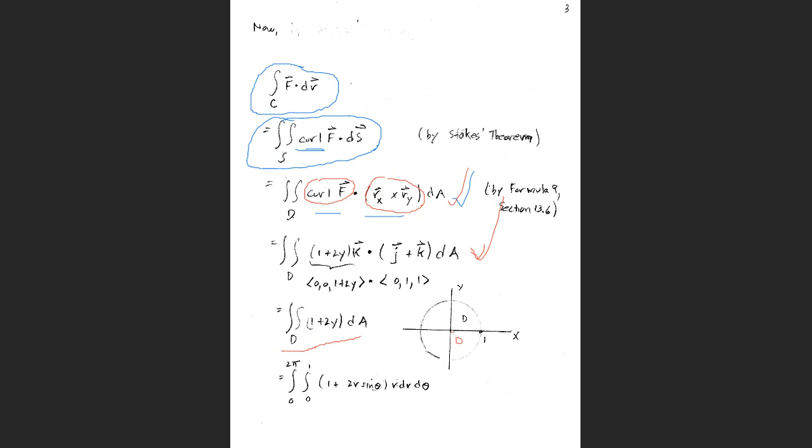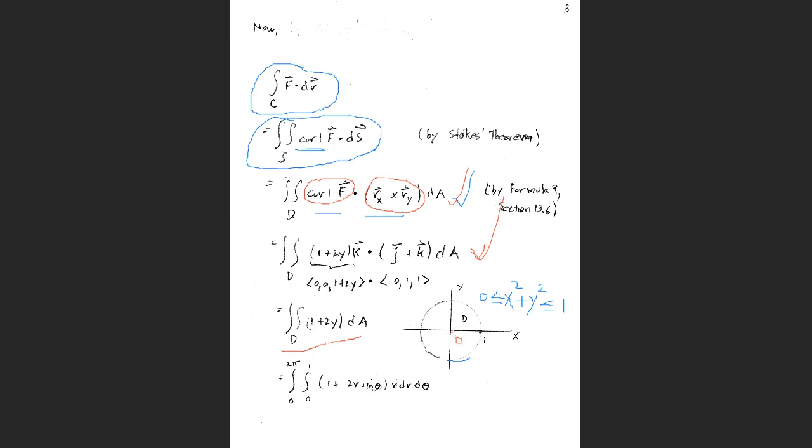The restriction was that x squared plus y squared is greater than or equal to 0 and less than or equal to 1. And so that's this circle here. That's your region D. And so it makes sense to use polar coordinates.